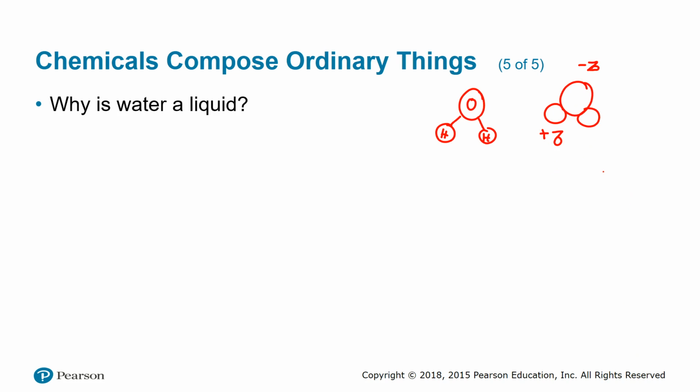So if I had another water molecule here, it's going to line up to where the oxygen side's pointing that way, and there's a little bit of attractive force between them. So water has enough stickiness between the molecules that it keeps it close together, but not so far apart that it's a gas, and not so tight that it's a solid.